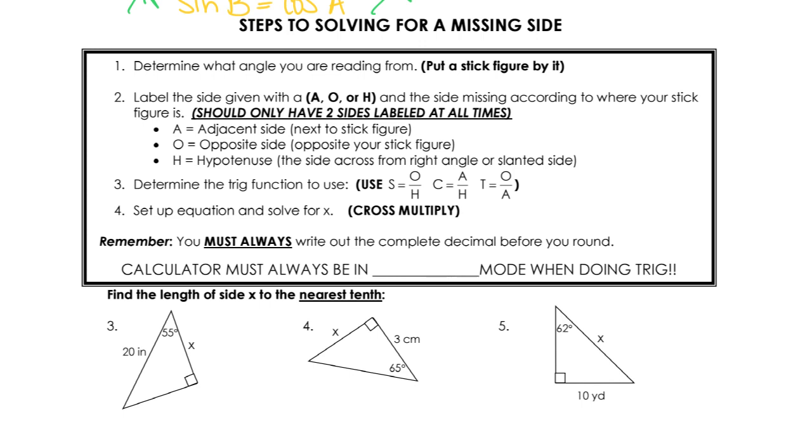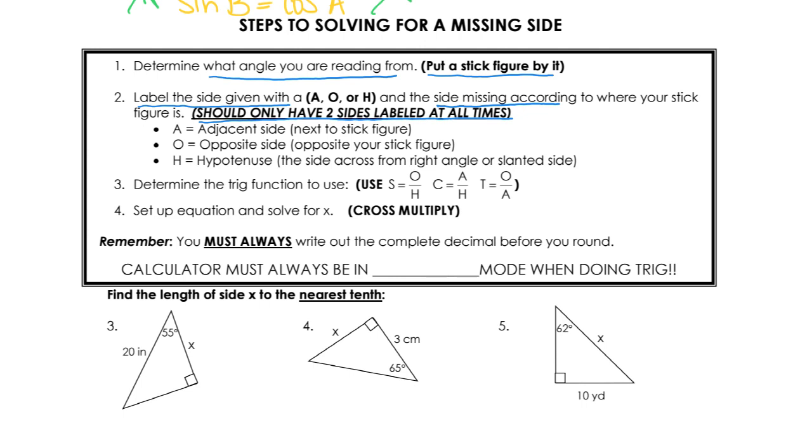All right, so starting with our first direction, it says determine what angle you are reading from, put a stick figure by it. We label the side given and the side missing. I only label two of my sides at all times. Some people will label three, and I feel like that confuses you a little bit.